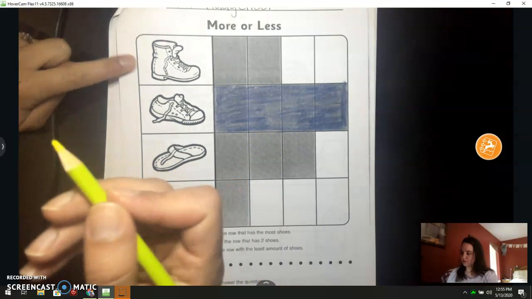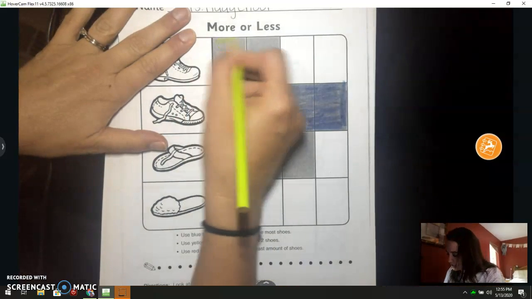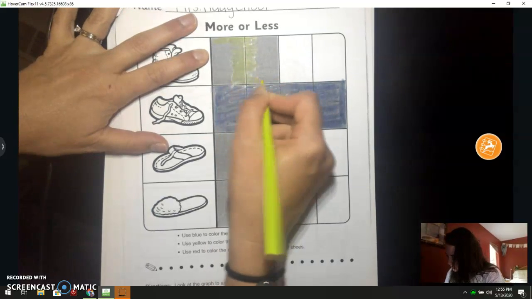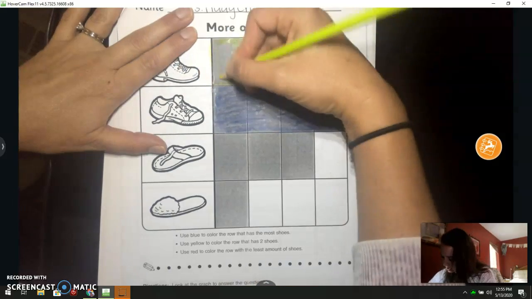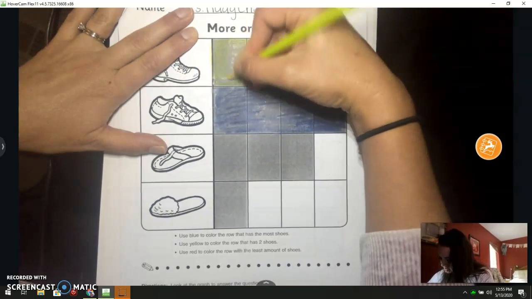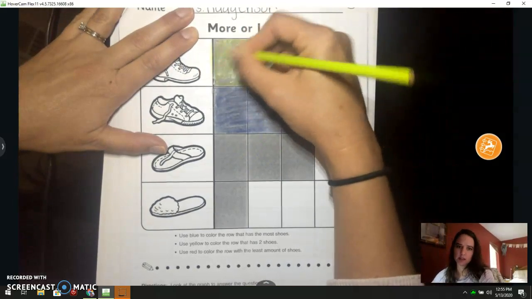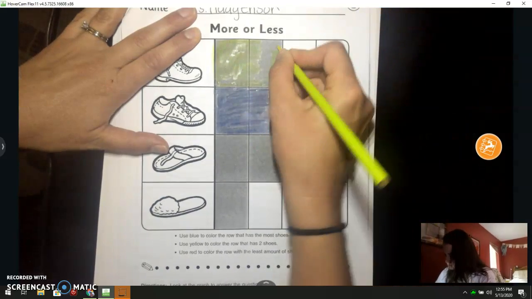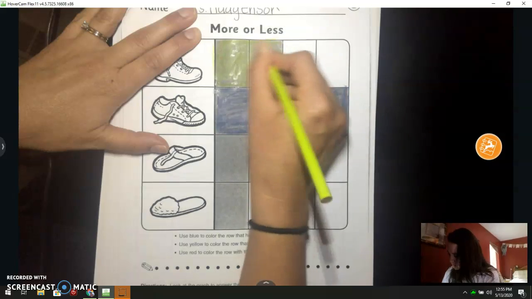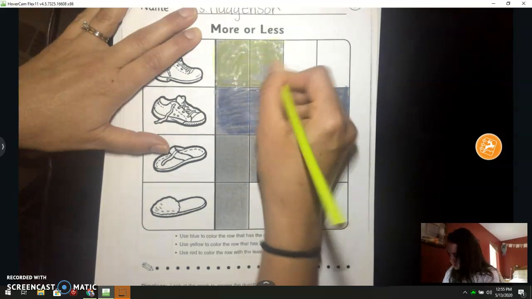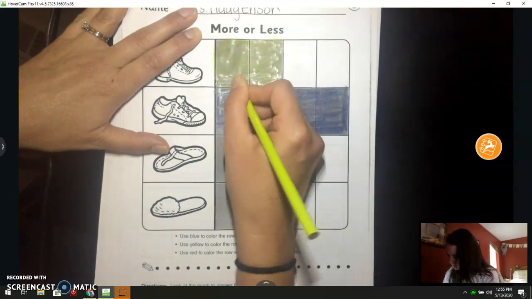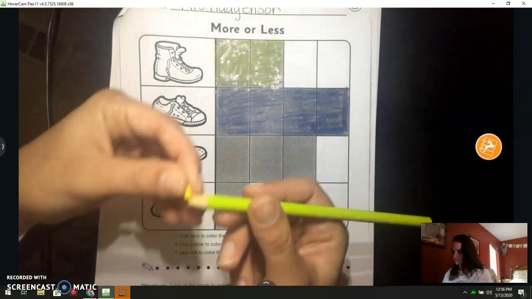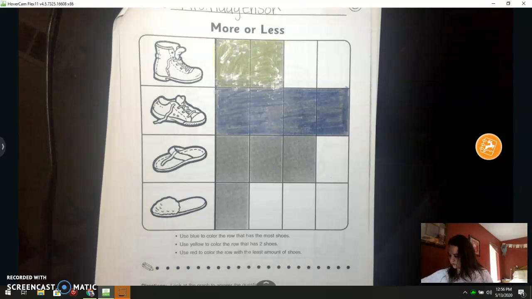Yes, the hiking boots. So yellow. Yellow's hard to see on the dark squares. You can see mine because it's shiny. Oh, I broke my yellow. Good thing I'm done with that one.